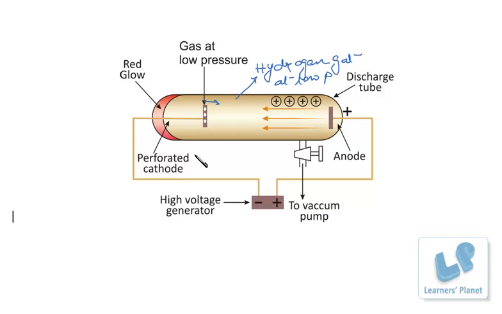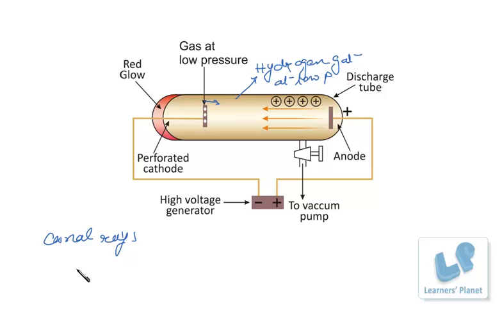And what did he observe? He observed that certain rays were coming from the anode, and they were passing through the perforations in the cathode and producing a red glow over here. He called these rays canal rays. Why canal rays?